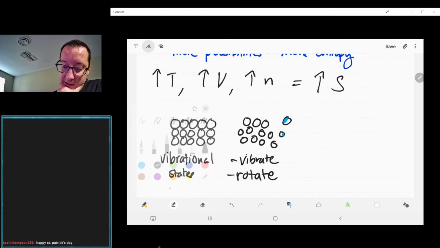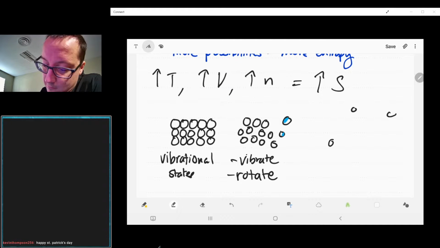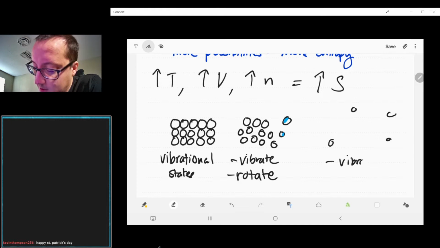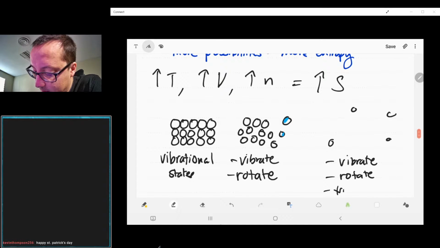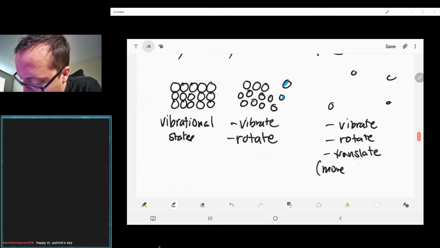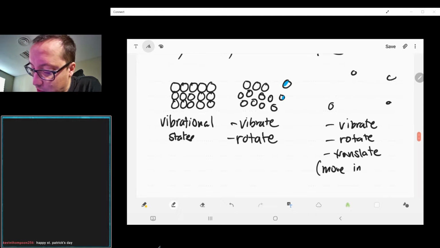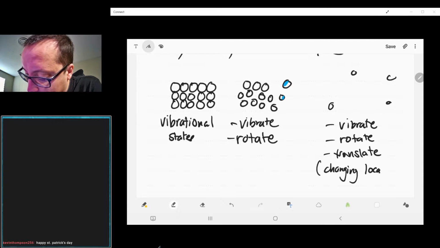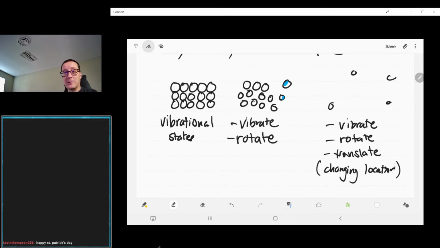And if we look at gases, they can not only vibrate and rotate, but they can also translate. And that means they can move left, right, up, down, back and forth, actually move over distance. That would be more like changing location. Technically liquids can do this as well, but gases are much, much more likely to translate than liquids are.